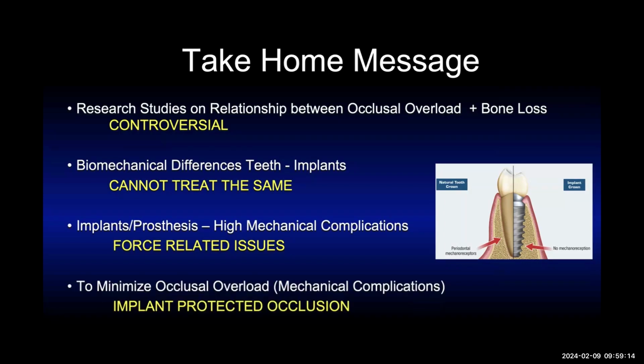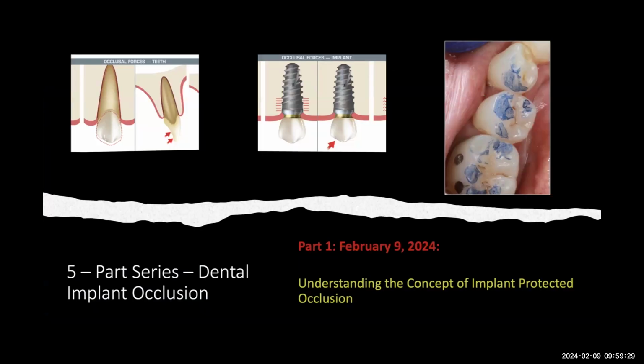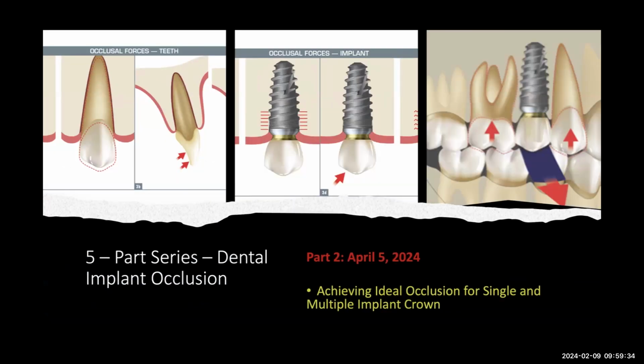How do we do that? Occlusal overload minimizing. That is through principles called implant-protected occlusion. So we'll talk about these throughout the next 4 webinars, but I just want to give you the groundwork. So today we gave you the groundwork. Next session, we'll talk about the single and multiple.